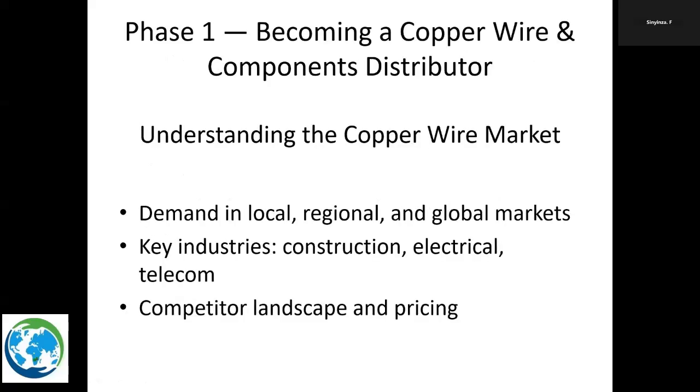So, having said that, let's look at phase one, becoming a copper wire components distributor. As you saw in the brief clip that Mr. Chola showed us, we saw a process that was set up to run building wire, and this was colored red.